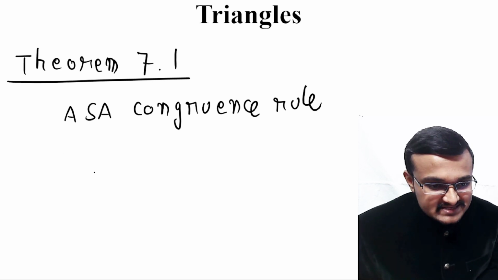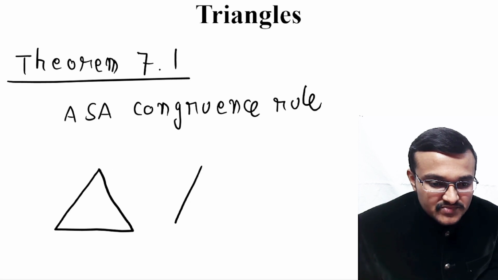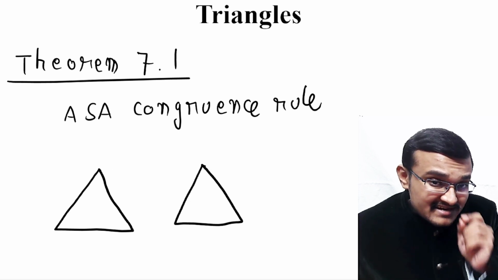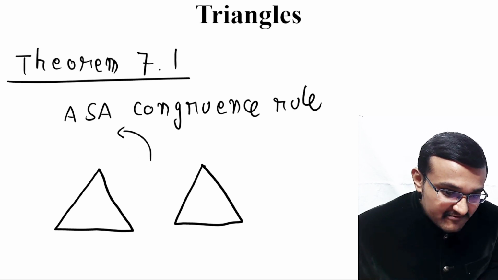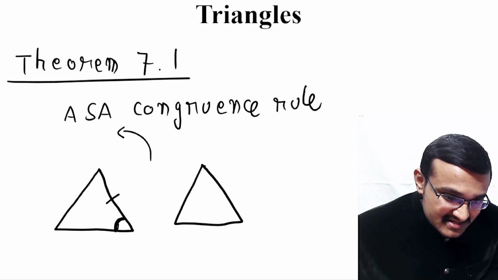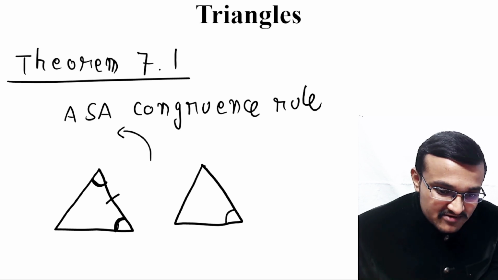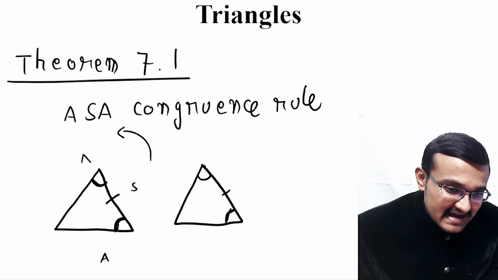So, for example, if I consider two triangles like this, angle side angle. If you go anti-clockwise, then if I consider this angle, I have to consider this side and then this angle. Here also I have to consider this angle, side, angle.